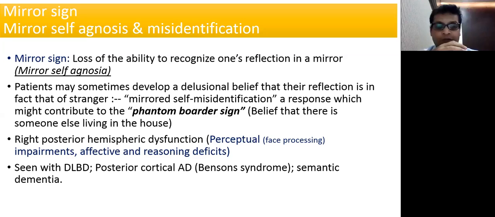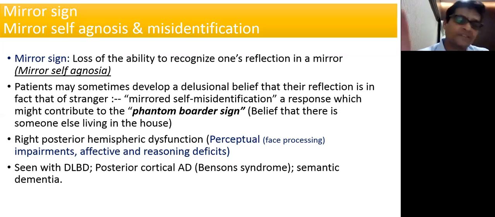Basically, there are 4 types of Alzheimer disease. For theoretical purpose, I am telling for students, 80% of Alzheimer patients typically present with progressive memory deficit, that is the amnestic variant of Alzheimer disease. 10 to 15% of patients present with occipital lobe deficits like visual agnosia, prosopagnosia, color anomia, as well as mirror sign with minimal memory impairment.